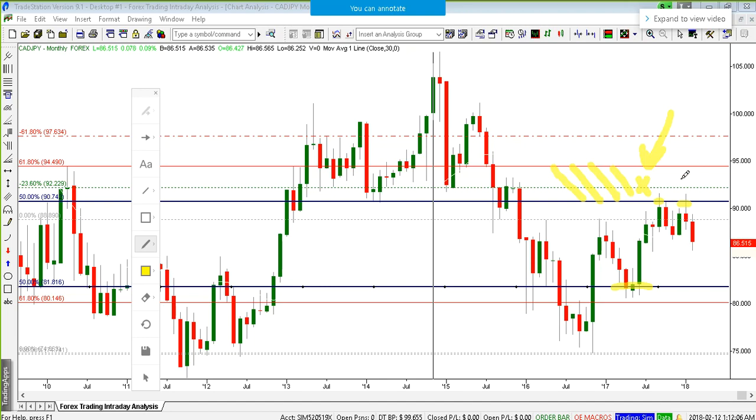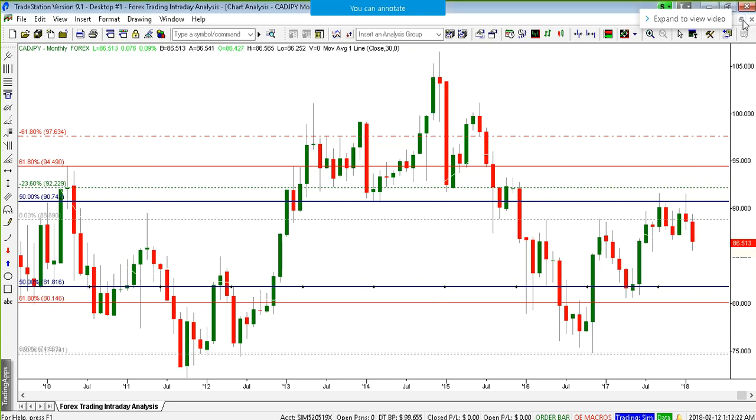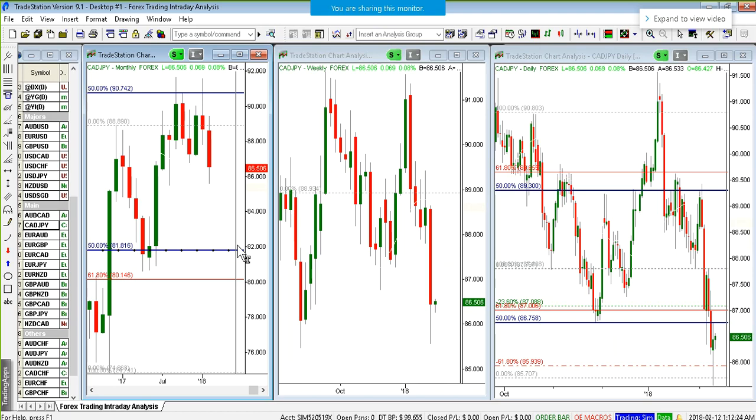Okay, so the longs here didn't have that strength. Whenever the shorts came in, they pushed price lower, and so now the retest of 81.81 is in the cards. It's just a matter of how the market is going to get there and where the setups are.